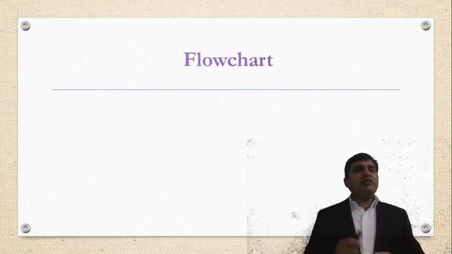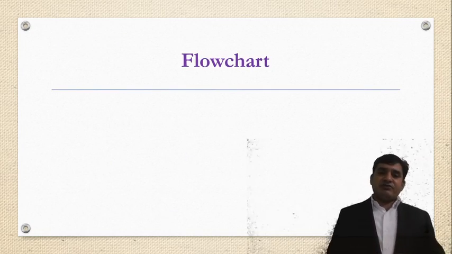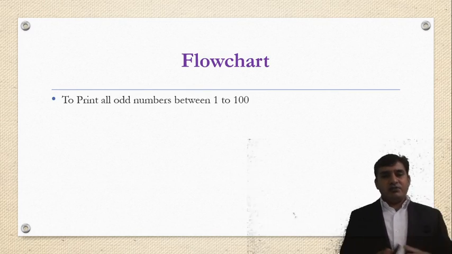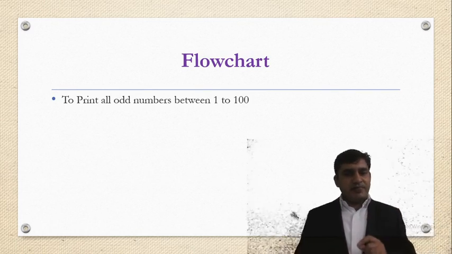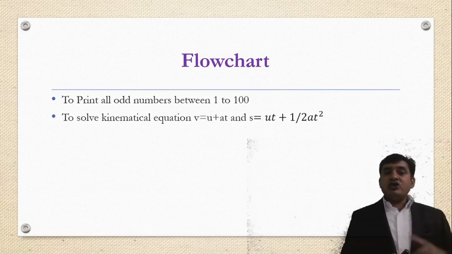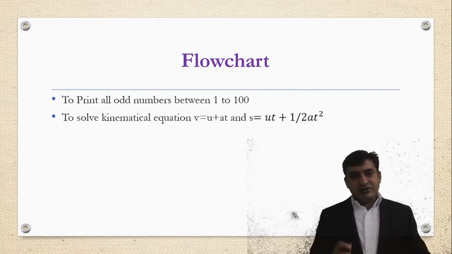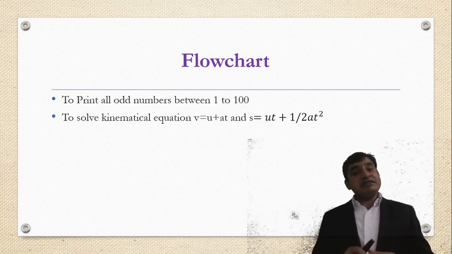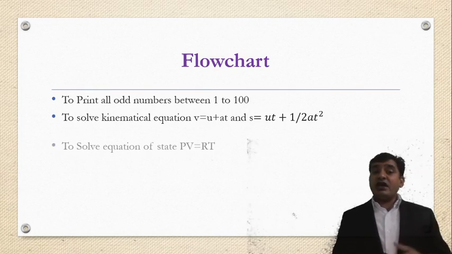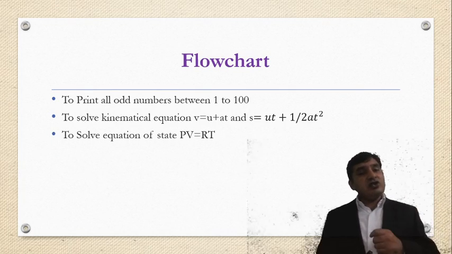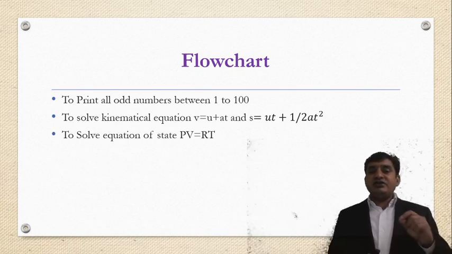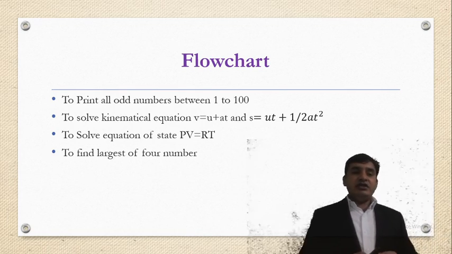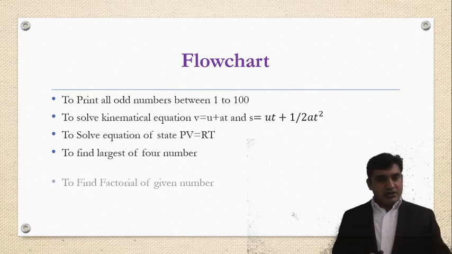Now we have to see some examples of a flowchart. First example, to print all odd numbers between 1 to 100. Second example, flowchart to solve the kinematical equations, that is V is equal to U plus AT and S is equal to UT plus 1/2 AT square. To solve the equation of state, that is PV is equal to RT. Then next is to find the largest of 4 numbers.